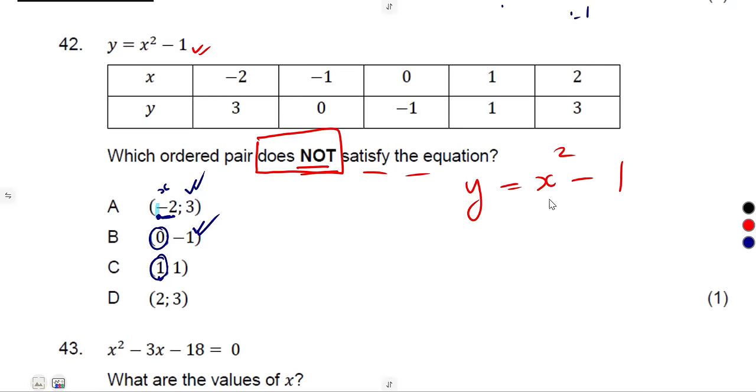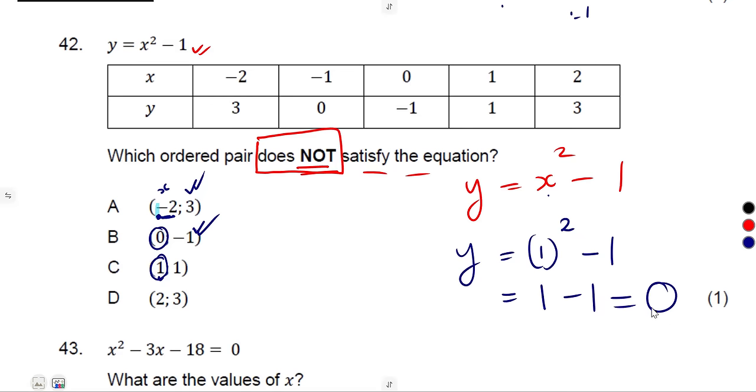Substitute that into the x there. 1 squared minus 1. 1 squared is 1, minus 1, that's a 0. Is it what we are given there? No, it does not correspond.